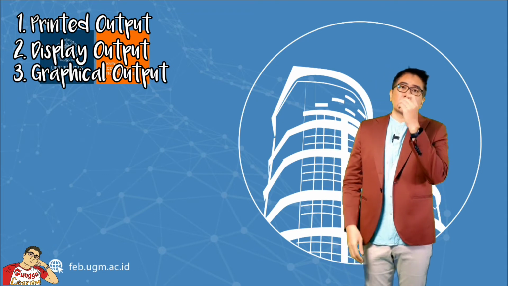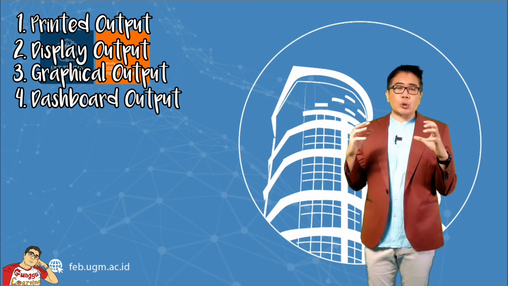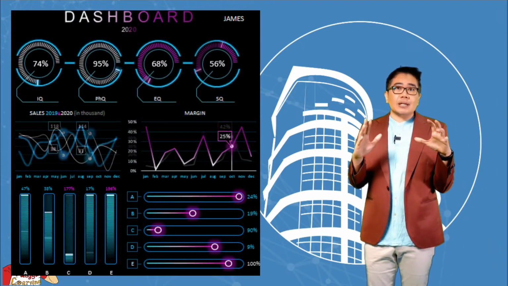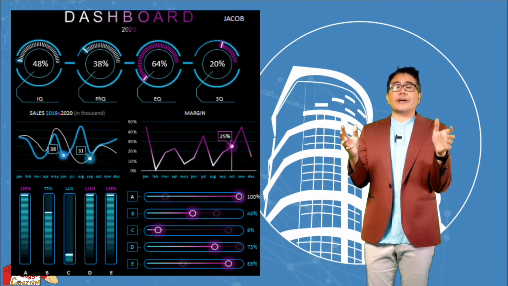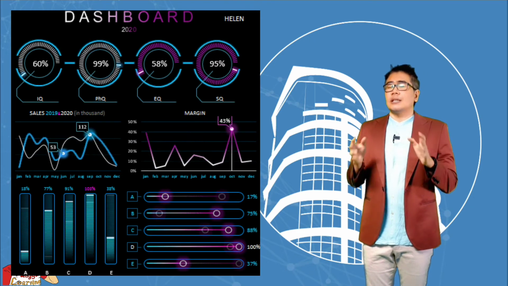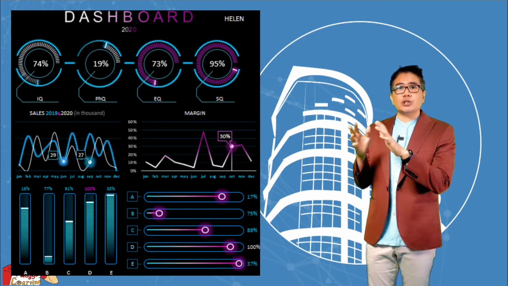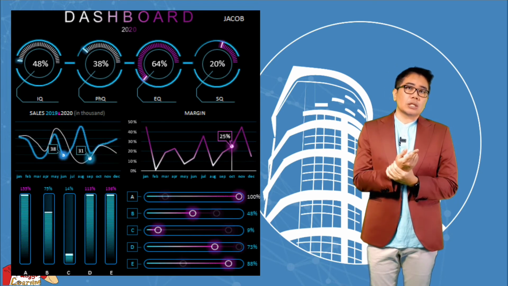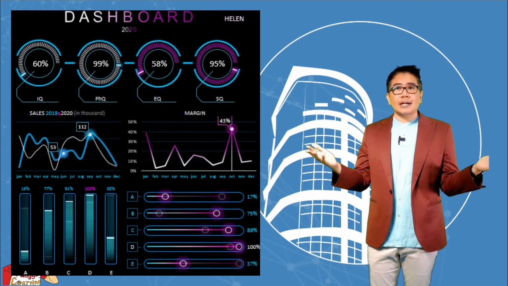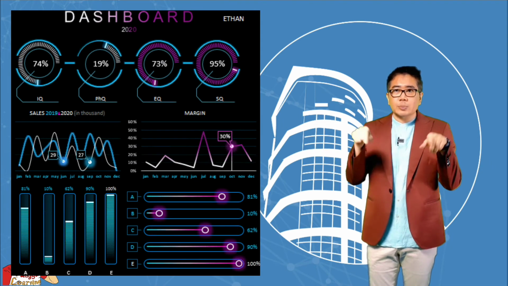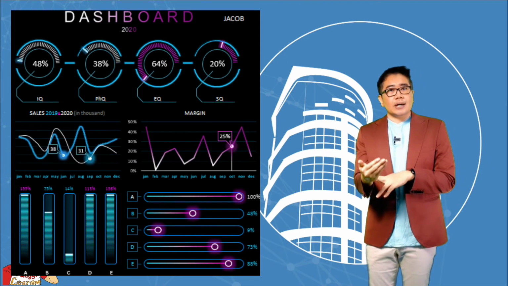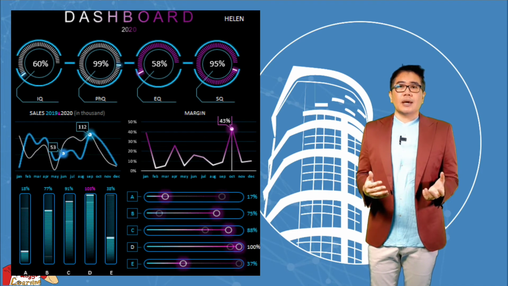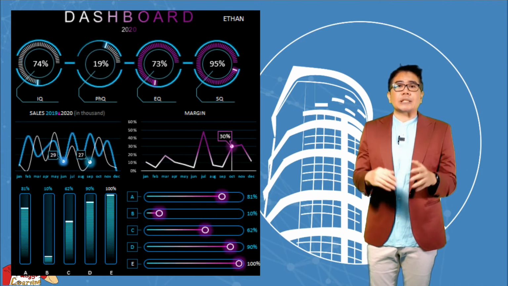Next, the fourth one is the dashboard output design. Dashboard is an output design that consists of a lot of aggregated information. The aggregated information is usually shown as indicators. For example, it's pretty similar to a car dashboard or motorcycle dashboard. It will show us indicators of some key performance indicators available in the company.